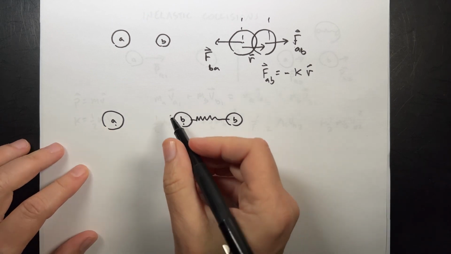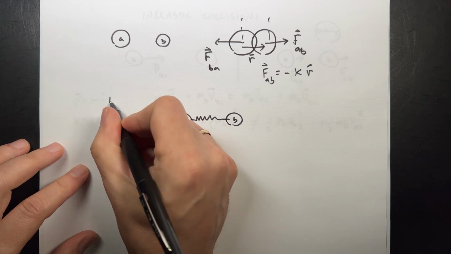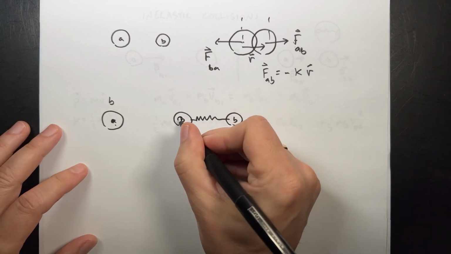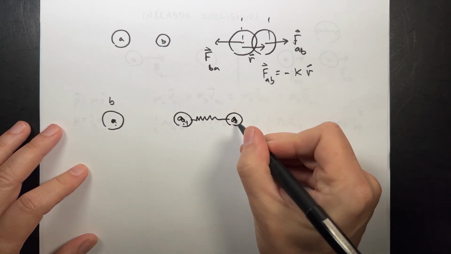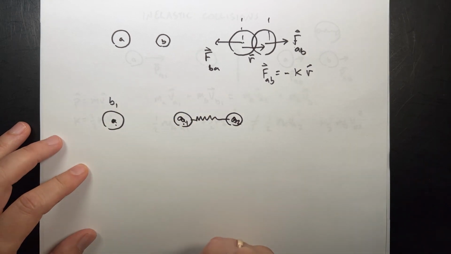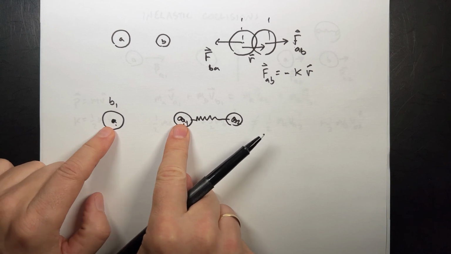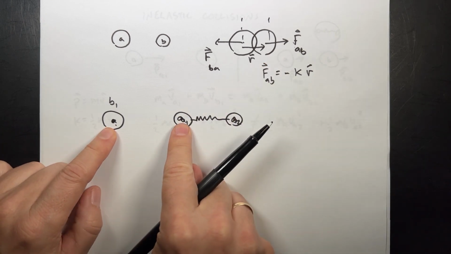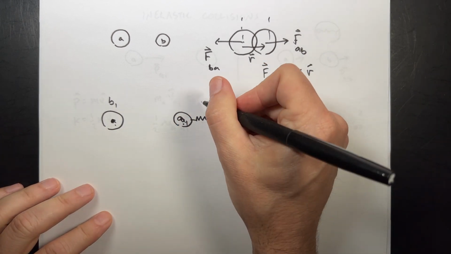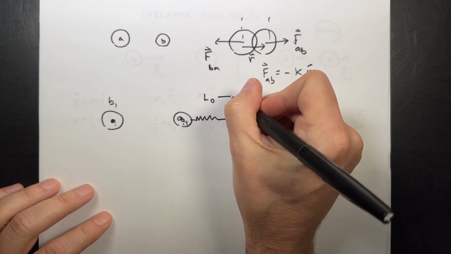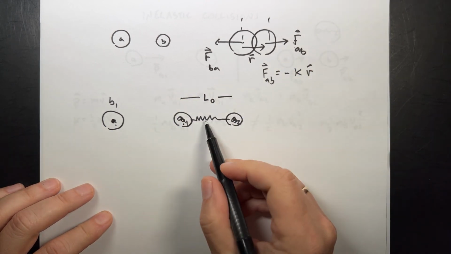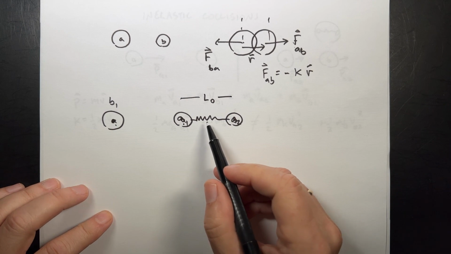And I just realized, in my code, I call this B. Why did I call that B? These are A1, and this is A2, and that's B1. I'm sorry. It doesn't really matter, though. So I can do a collision between these two just like that. If they overlap, there's a force pushing them apart. And then this I can call some unstretched length, L0, and this is a different spring constant, much weaker.